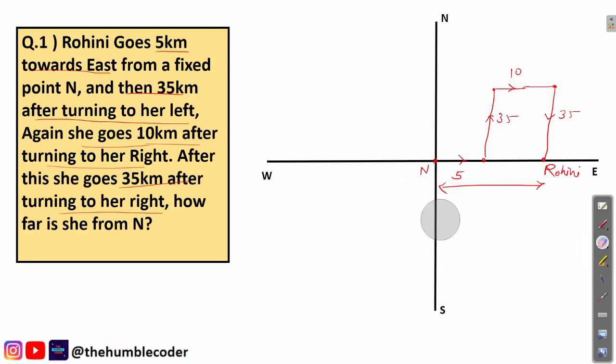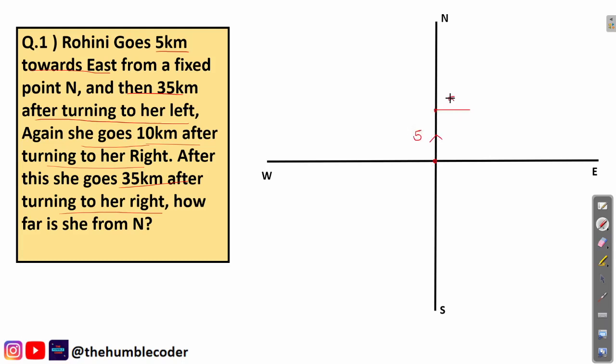Now one thing to note over here is, whenever you are solving these kinds of questions, and suppose you are given a scenario like Rohini walks 5 kilometers in this direction, and then she walks 5 kilometers in this direction, and then she walks 10 kilometers in the south. Okay, so you should be clear that you have to make the lines a bit larger from this one, because if this is 5 kilometers, then definitely 10 kilometers will be up till here, right?